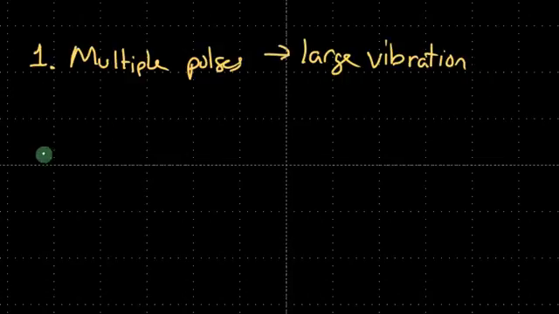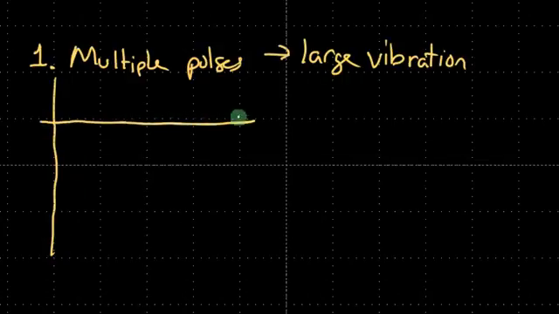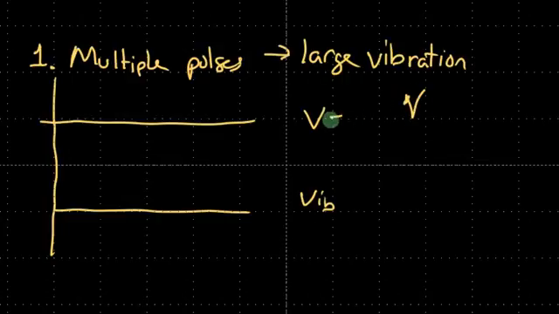If you applied a resonance frequency, I'm going to draw two things here. Let's assume this top part was voltage and this bottom part was vibration. Let's say we apply a voltage equal to voltage naught sinusoidal at the resonance frequency, and this is time.